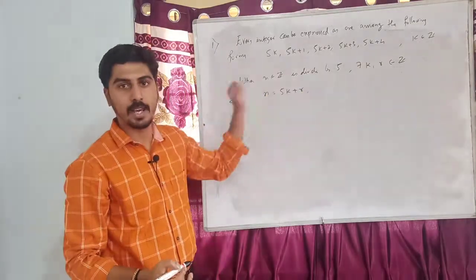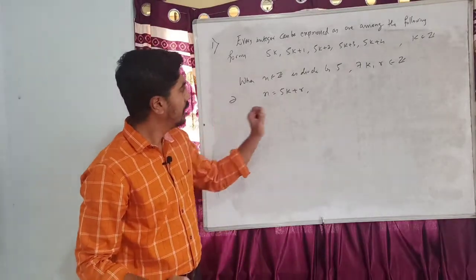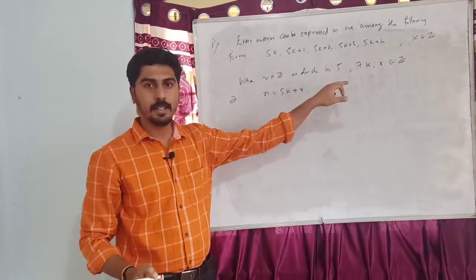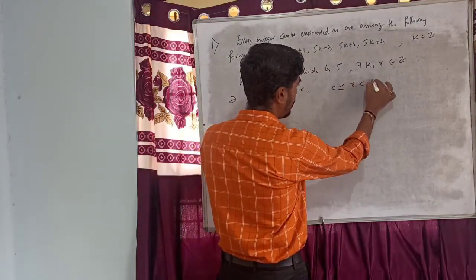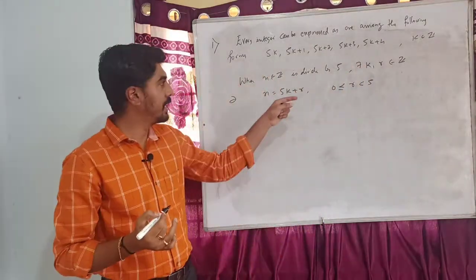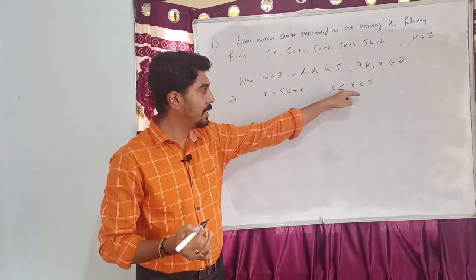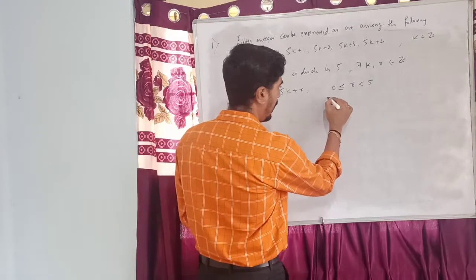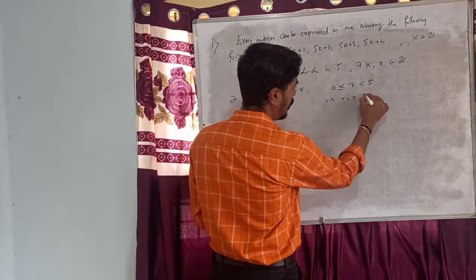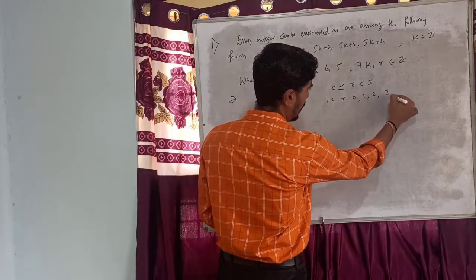k is the quotient and r is the remainder, where the remainder is greater than or equal to 0 and less than 5. Since we are dividing by 5, the remainder is less than 5 and greater than or equal to 0. That is, r can be equal to 0, 1, 2, 3 or 4.